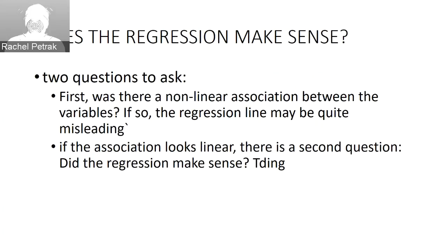Do this pair of predictor and outcome variables actually make sense to use in this context? Some things that could affect the use of regression are the presence of some confounding variables.